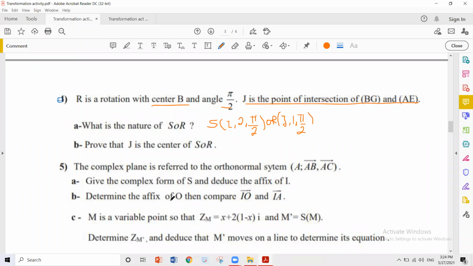Determine the affix of O. How to determine the affix of O? O is the image of which point?